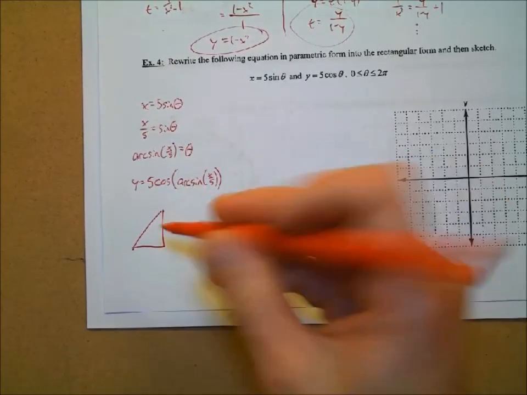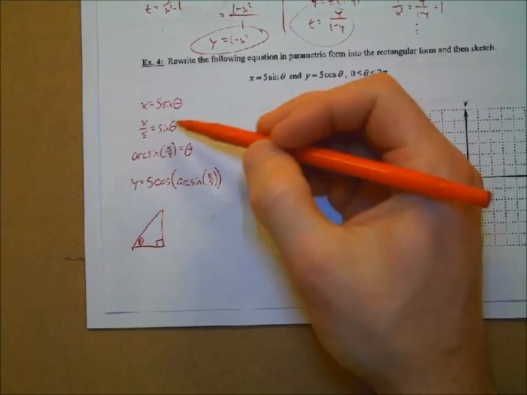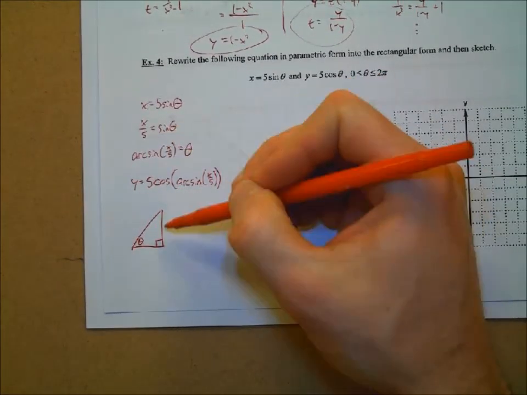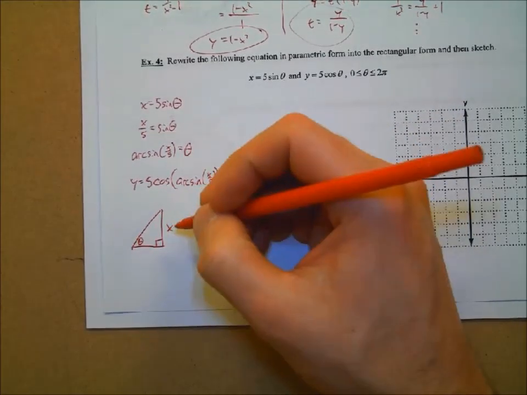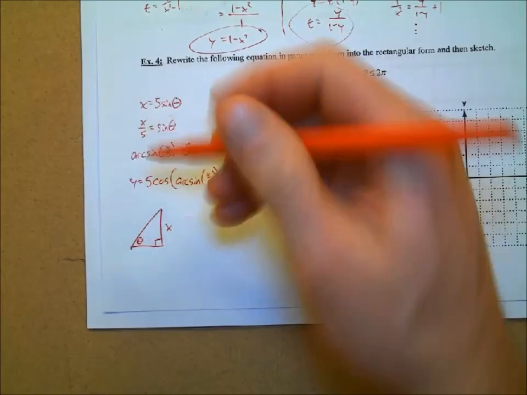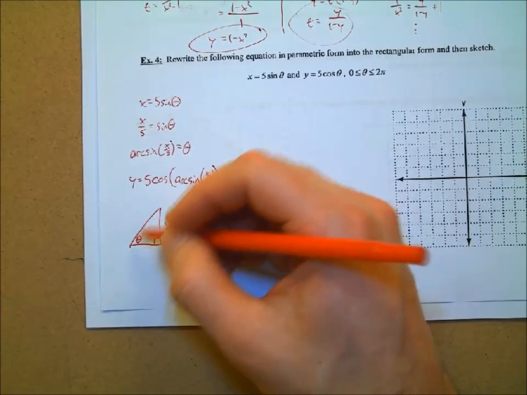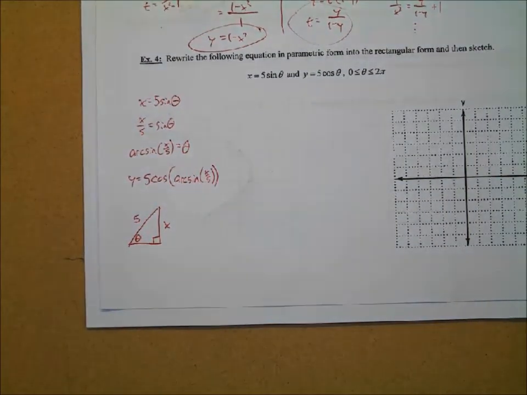So we're going to put theta in our right triangle. According to sine of theta, what does this opposite leg have to be? X, because the ratio for sine is the opposite leg over the hypotenuse of 5. So the hypotenuse is 5.